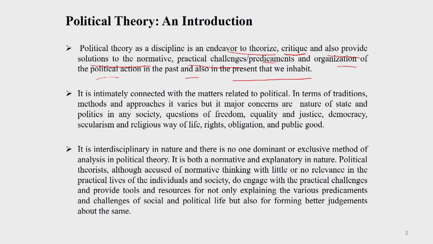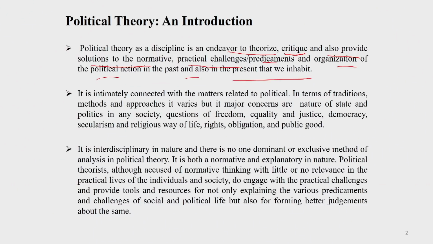Normative would be what ought to be done, and the practical real concern is about what is the challenge, what is the actual reality. Political theories tend to travel in both these practical concerns on the one hand and the normative moral political judgment on the other. So, it tries to provide the better solution for such normative and practical challenges and predicaments.